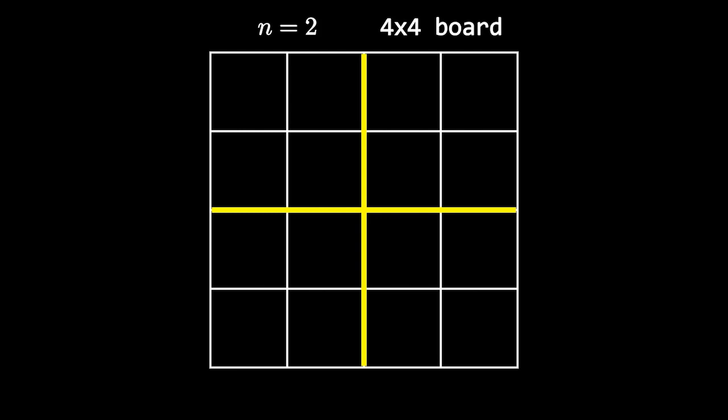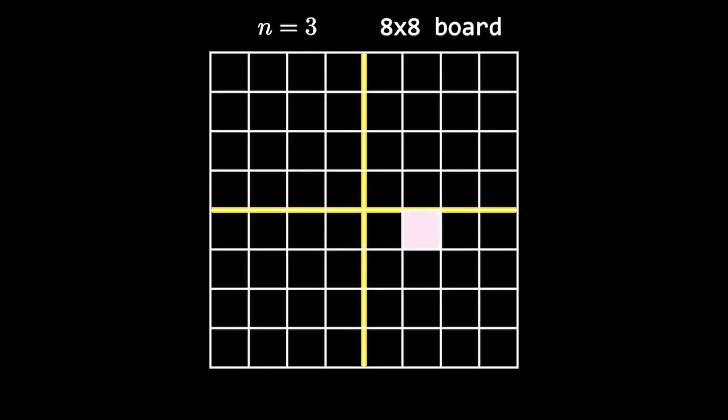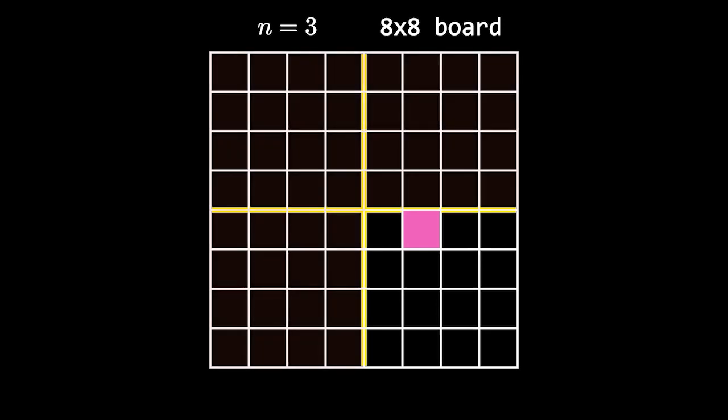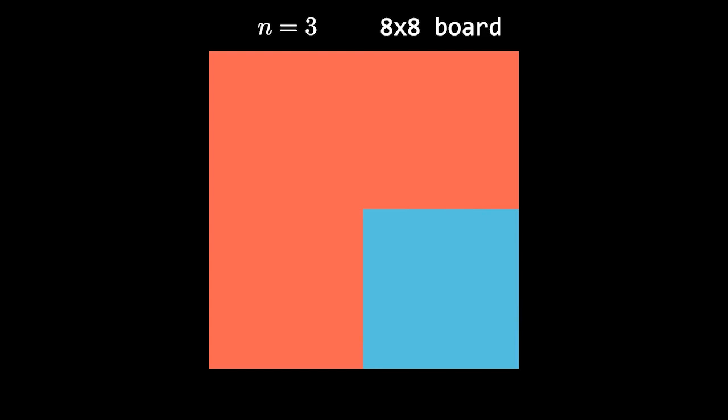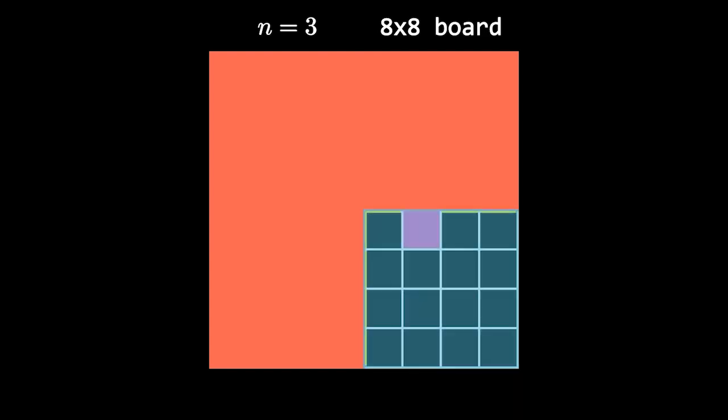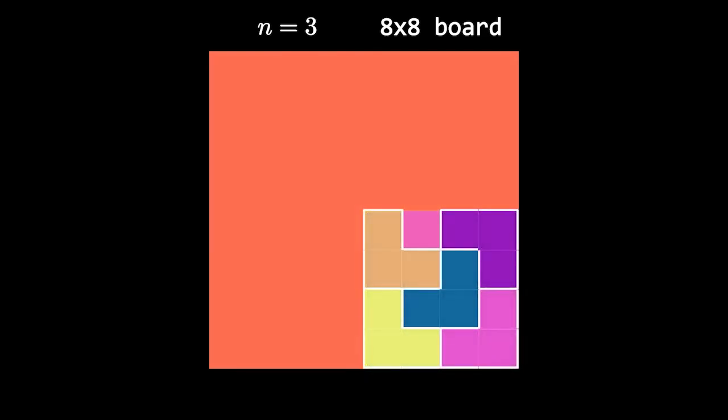So now, when we go to n equals 3, do you see a quick way of tiling this figure? Well, if you divide them into 4 equal parts, you see that you've already tiled one of them in n equals 2. And now you're left with an L piece that's 4 times the size of the tile. Now, how do you tile this?